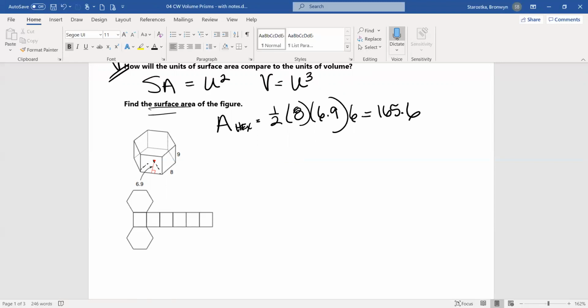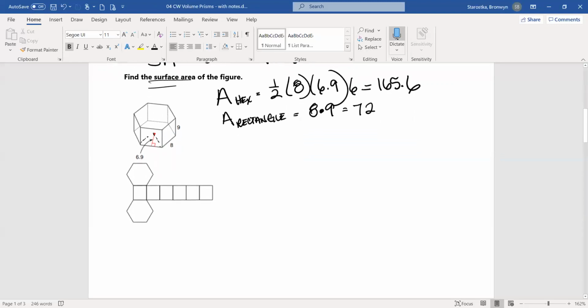And we're going to have 6 rectangles too. So the area of a single rectangle is 8 times 9. Not 8.9, 8 times 9. And 8 times 9 is 72.